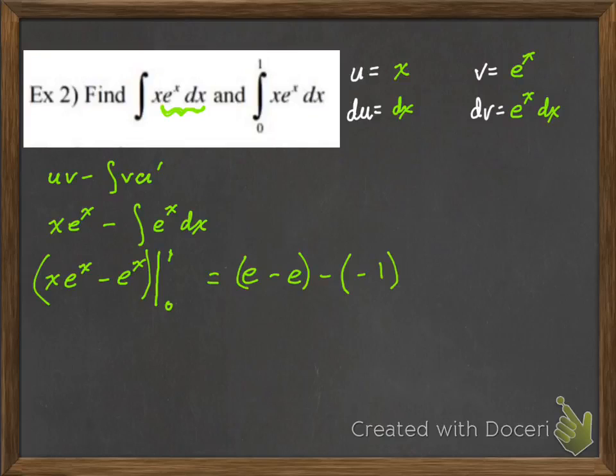Well, e minus e cancels, so then you have negative minus 1, which gives us a value of 1.